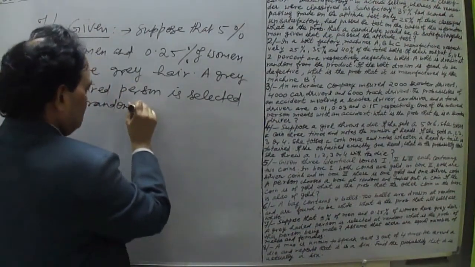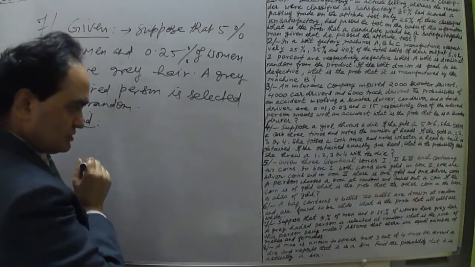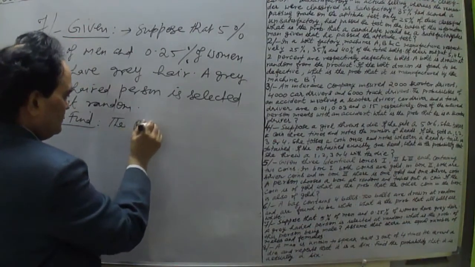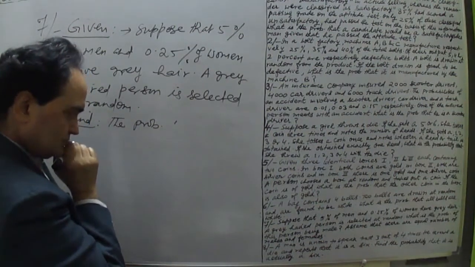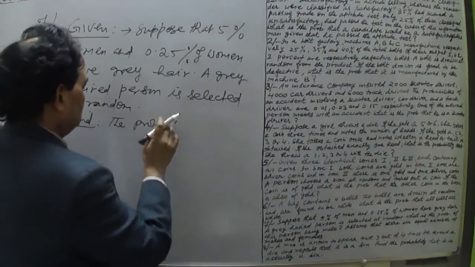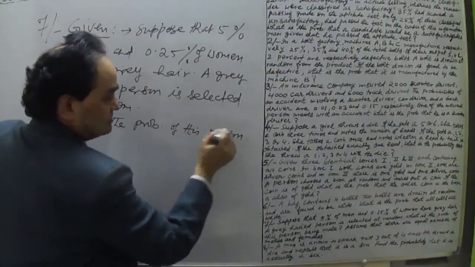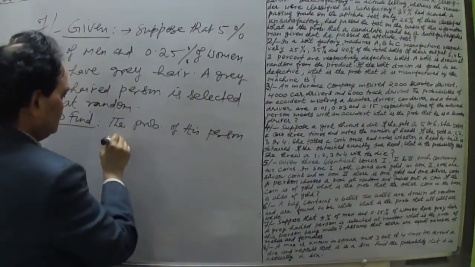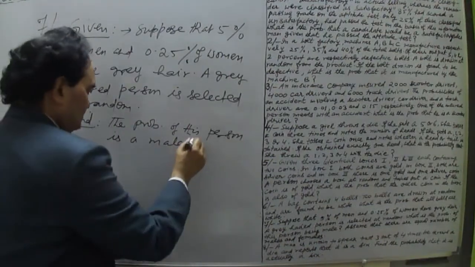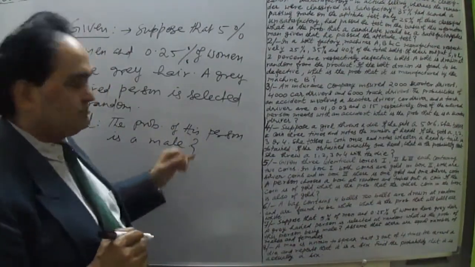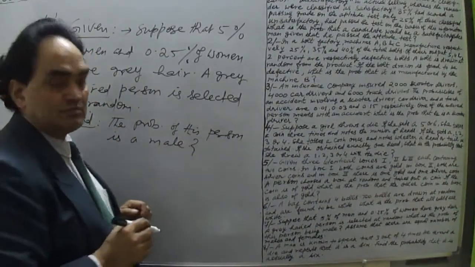So what is the probability that this person, the gray haired person who is selected, is a male? That is the probability we have to find out.